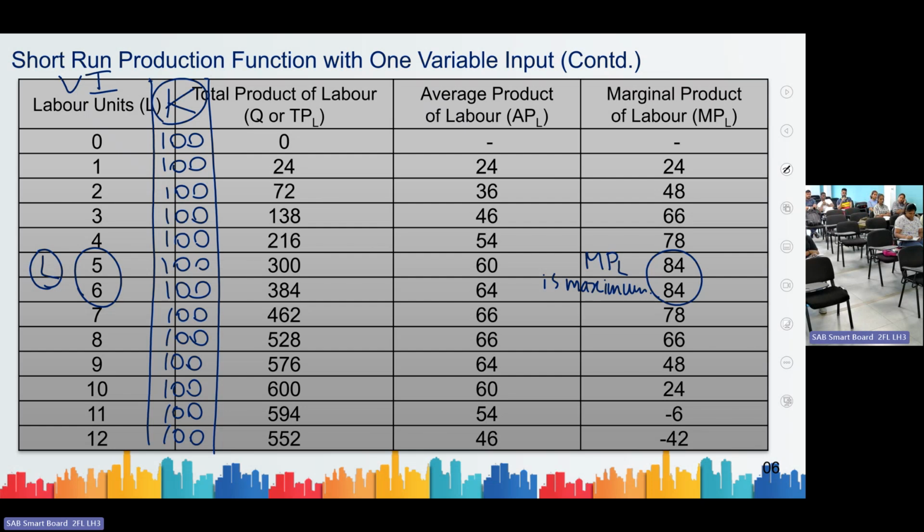When a firm increases its variable input with a given level of fixed input, there is one particular point after which marginal product of labor starts to decline. You can see marginal product of labor is declining after reaching its maximum level. So this is the region where the law of diminishing marginal returns occurs.